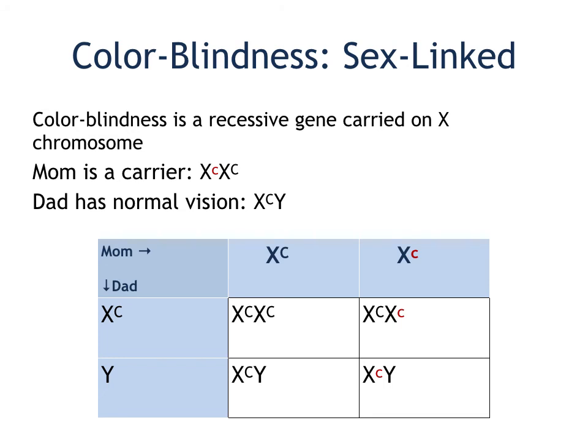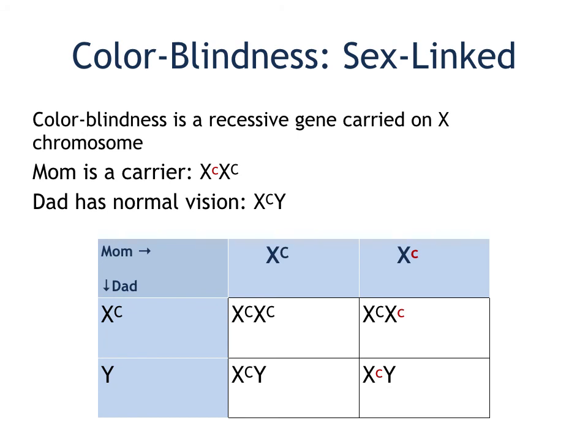On the bottom row, Dad is donating Y chromosomes, so he only has sons. Okay? Here we see that the first box of the bottom row of the possible zygotes, Dad donates the Y chromosome and Mom donates her normal X chromosome. So therefore you have a normal non-colorblind son. And in that last box, we see that Dad donated his Y chromosome, but Mom donated the X chromosome that has the colorblindness allele on it.